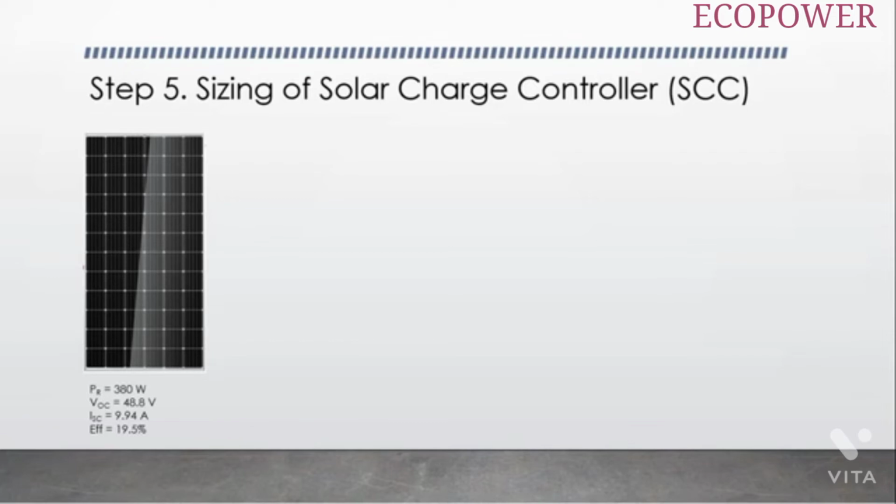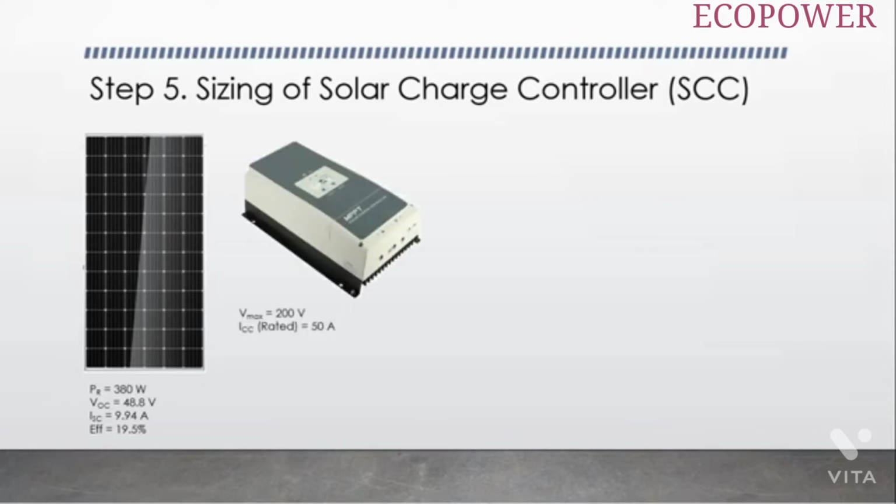Now suppose one of our options for a solar charge controller has a V maximum rating of 200 volts and a charging current of 50 amps. Let's determine the series and strings configuration of our solar panels and see if it fits the solar charge controller of our choice.